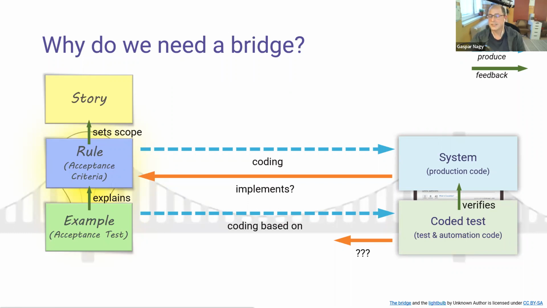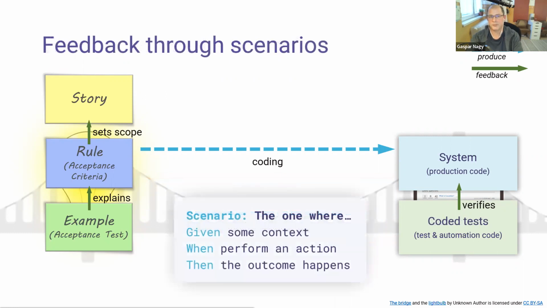So that's why we need something in the middle that is still connected to the requirements, but formal enough that we can verify our system through that. And this is basically how the scenarios come into the picture. So if you think about that, a scenario is sitting in the middle.